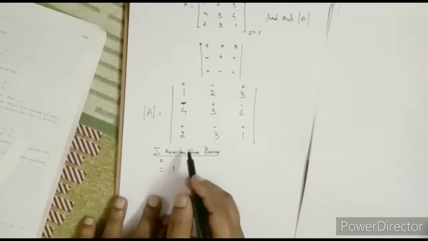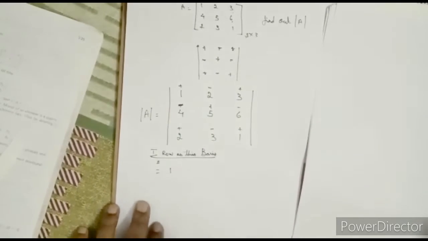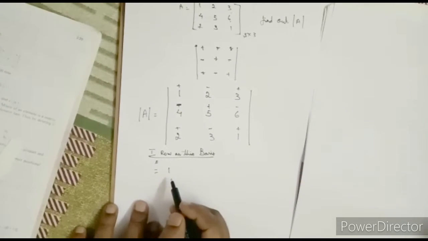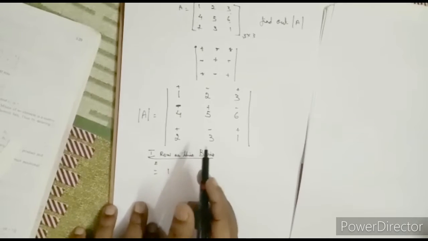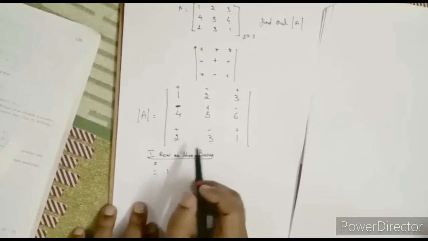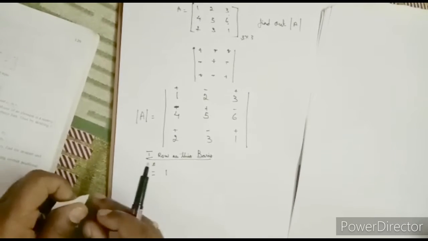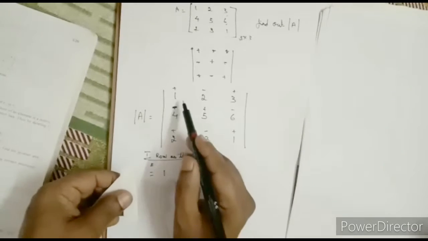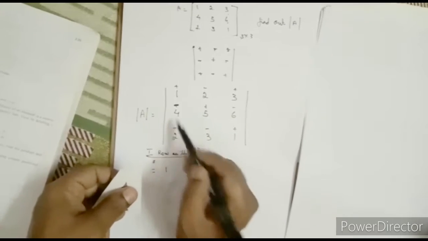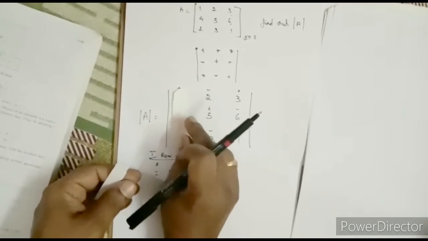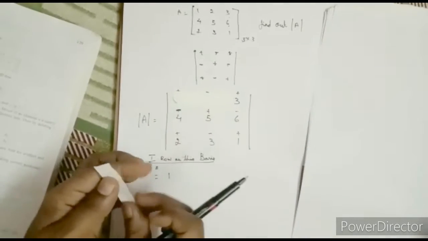Now let us start. As I said, I have taken the first element of the first row, 1. As in the case of 2 rows and 2 columns, where you did cross multiplication, in the same manner here also you should do the cross multiplication. But how? I have already taken the first row, first element as 1. Now let me close this first row, as well as the first column.